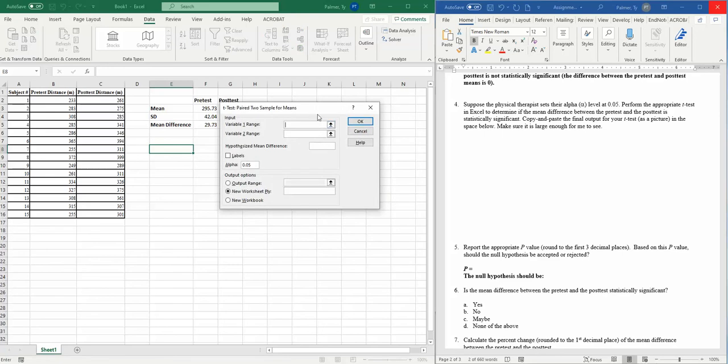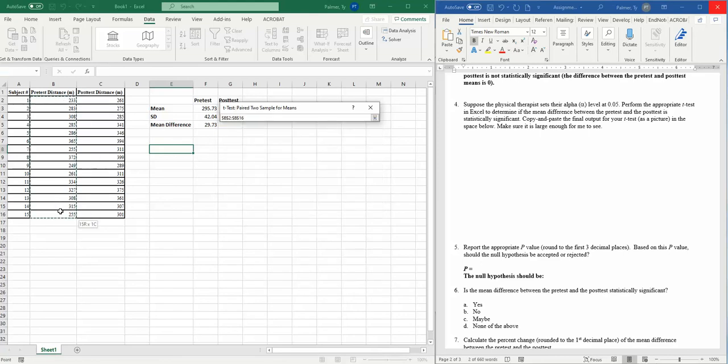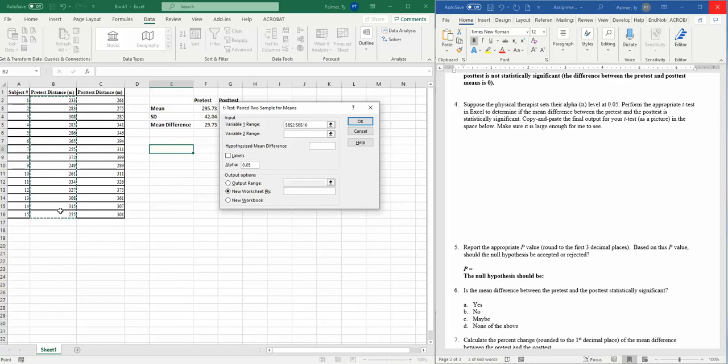Next, we have this screen. On this screen, we're going to select and insert the appropriate data and the appropriate values. Let's start with variable 1 range. If you click inside the box here, where my cursor is blinking, for variable 1 range, we're going to include all of the scores for the pretest. So I'm going to click and hold and highlight all the scores in the pretest.